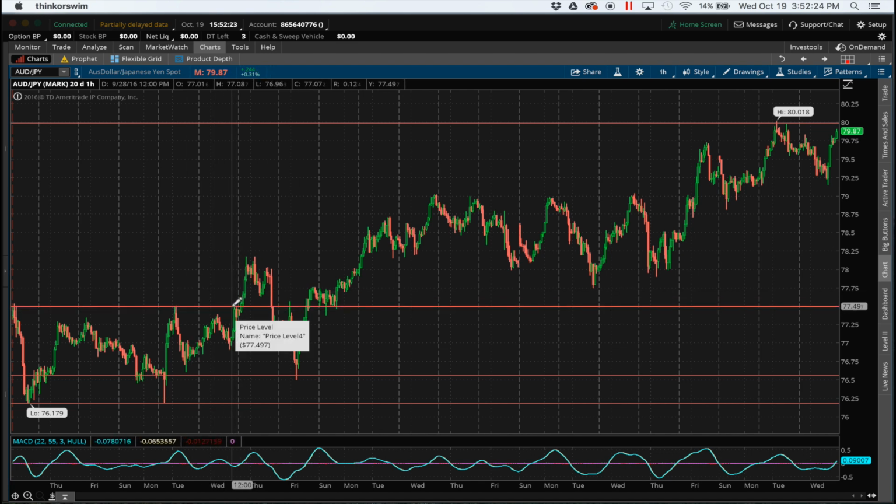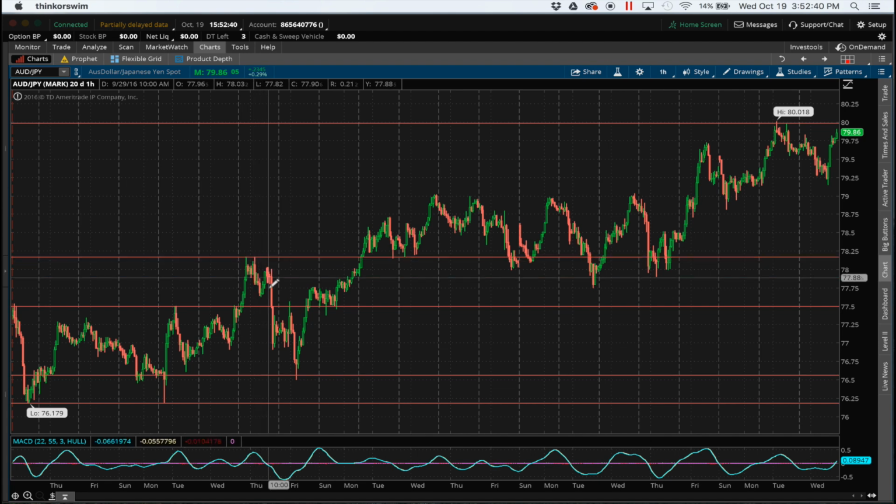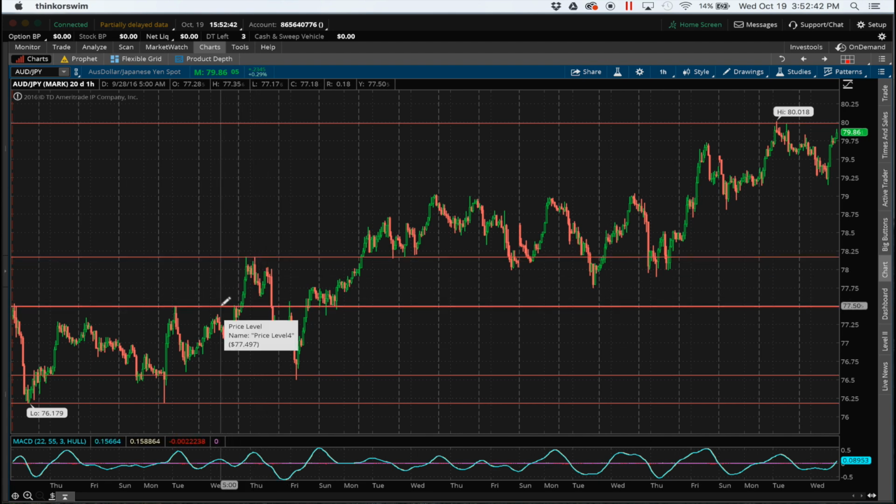Does that make sense? Because resistance is taken out by the buyers, so the sellers were not as strong right here. So buyers take over, we create a new resistance level, and now this is your support. So this previous resistance level, once it's broken, now it becomes your support.